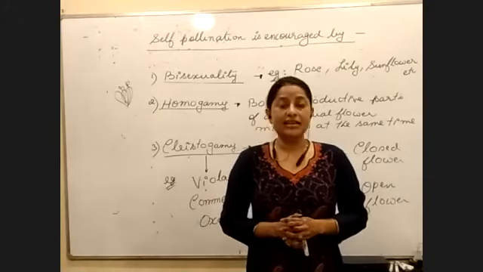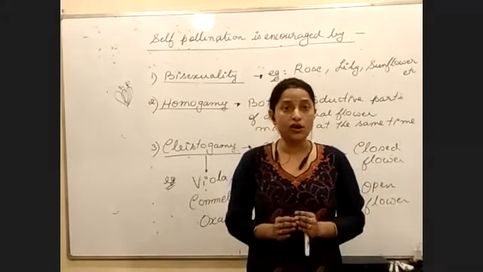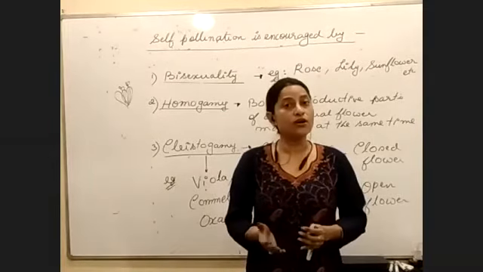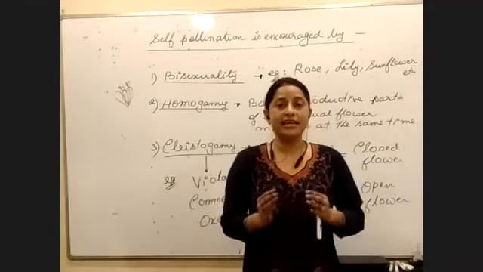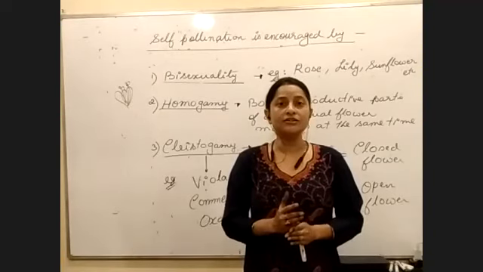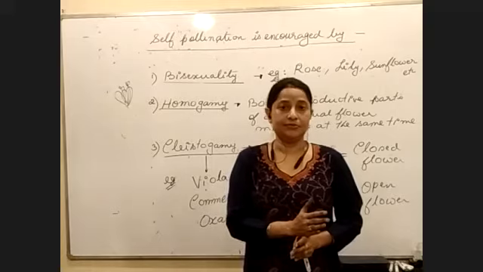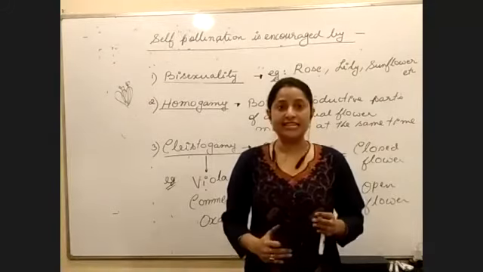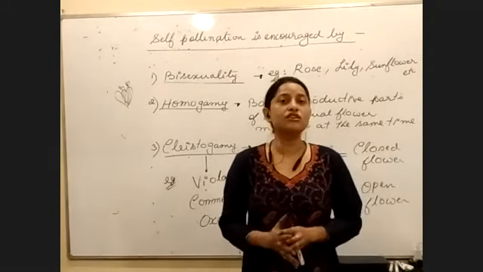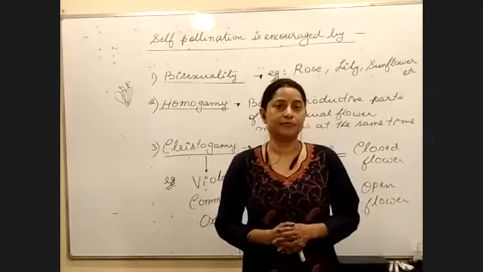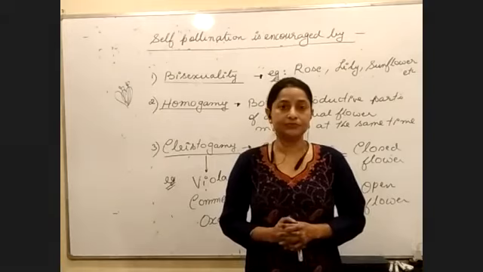So if homogamy occurs, then only self pollination will take place. If homogamy is not seen, self pollination will not take place. Instead, they will have to wait for cross pollination. Clear? Okay, ma'am.